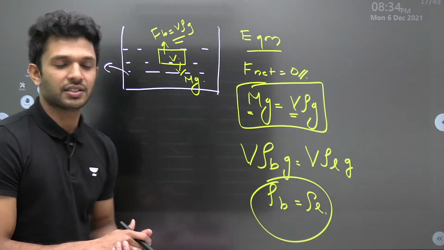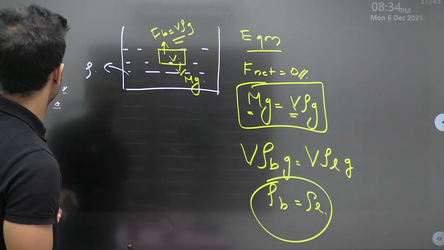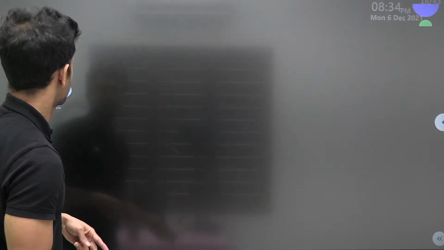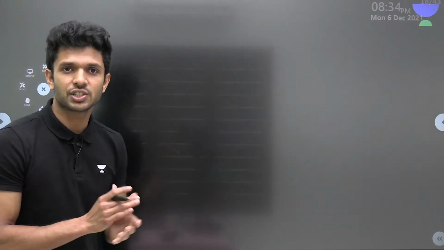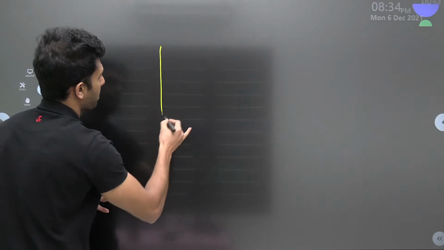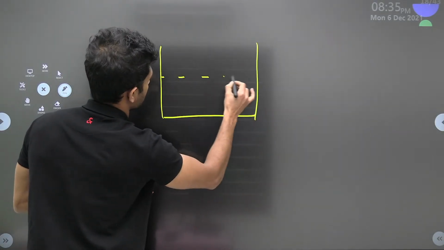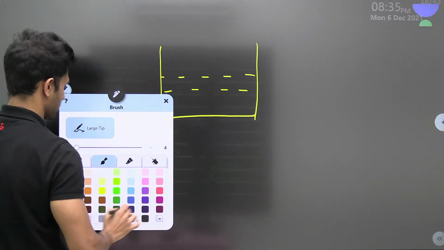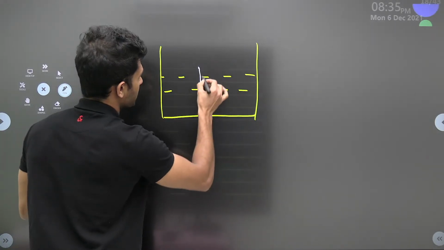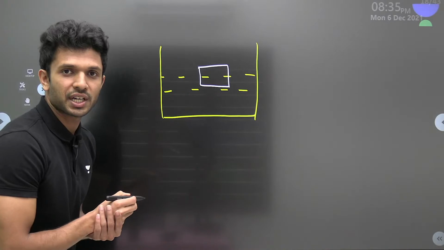Yes sir. Okay. Now let us look into the other case. If you all have noted this, let's go to the other case where the body is floating partially. Beaker, fluid, we are dropping some body and it is partially floating like this.